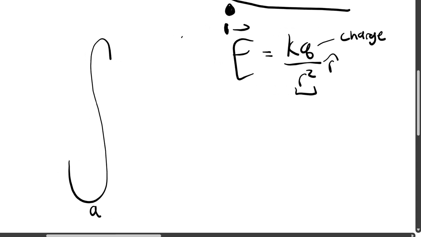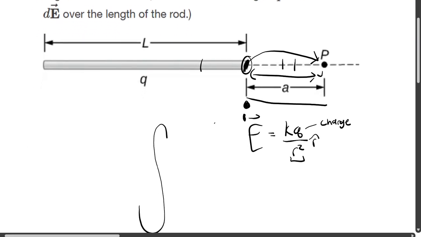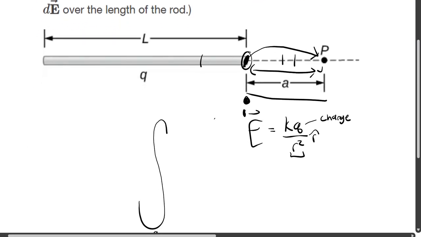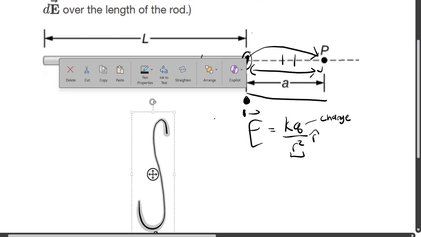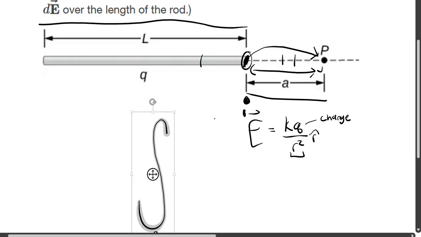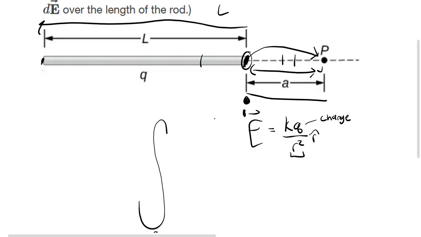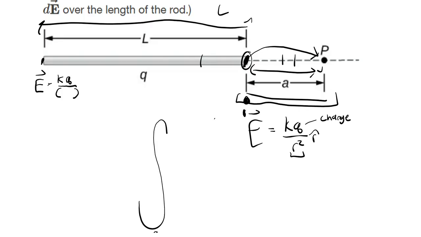Okay? Now, obviously, as you go through this line charge, you're going through a distance L. So let's say we're looking at this point now. What does the electric field do to that point? Let's say it's a point charge. It's going to be KQ over that distance A plus the length of this entire segment.